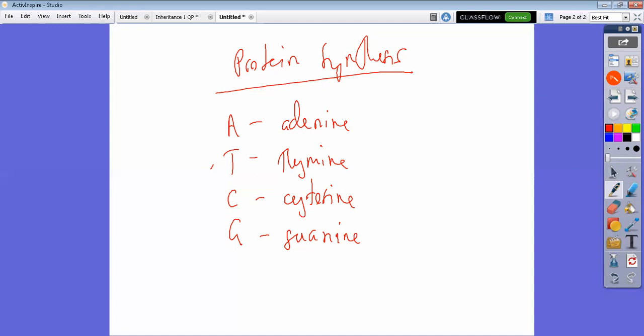This is known as the base pairing rule. I hope it's making sense.